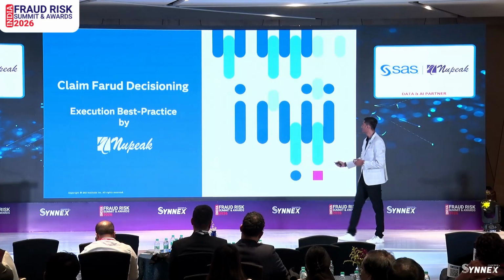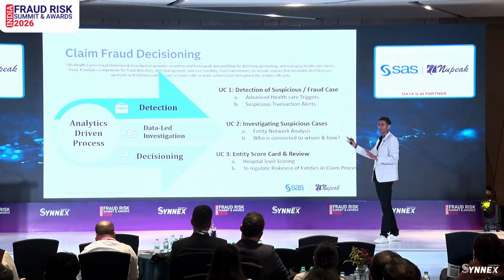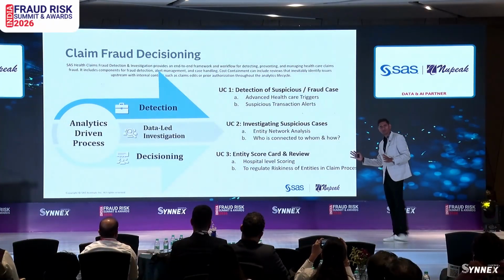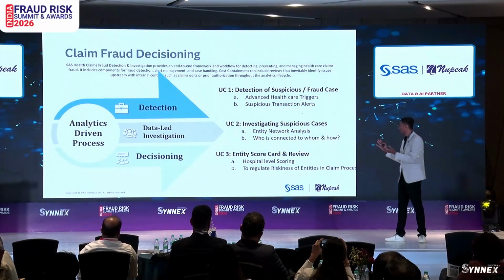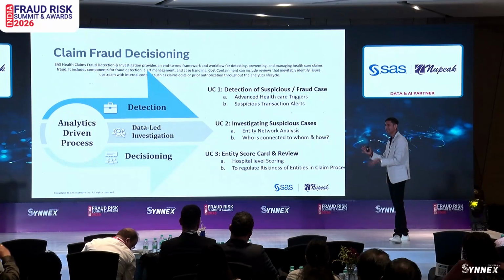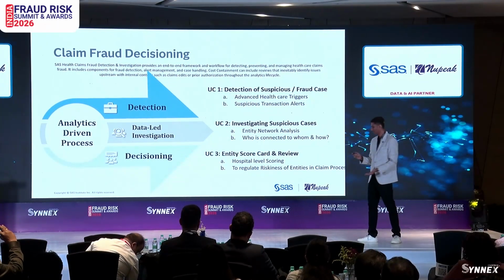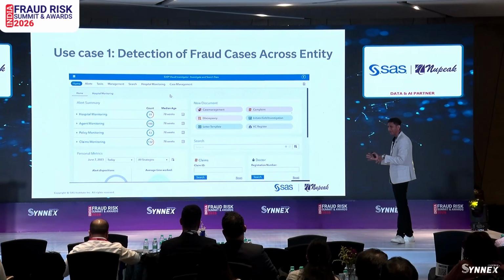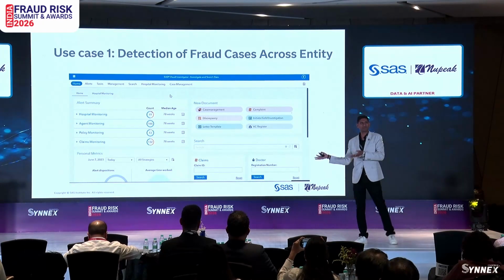So claim fraud decisioning is a very simple three-step approach. One is detecting the fraud, again, the same. Investigating the fraud, and then decisioning what to do with it, right? So detecting the fraud, you get a lot of alerts, lot of rules, algorithms, different kinds of scams.